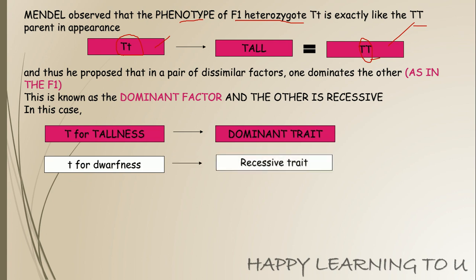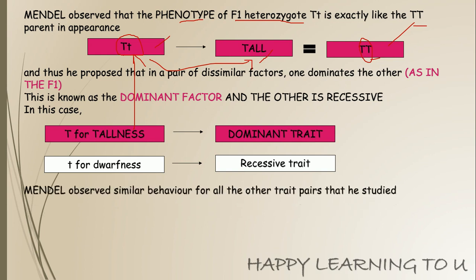Tallness is the dominant factor because the Tt plant has the phenotype, that is the description, tall. So it gets expressed as a tall plant and not as a dwarf plant. Therefore it is a dominant trait and dwarfness is a recessive trait. Now he observed similar behavior for all other trait pairs that he studied. As you know, Mendel had carried out the study on 7 traits.